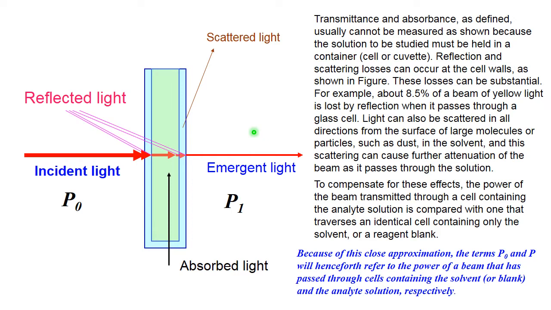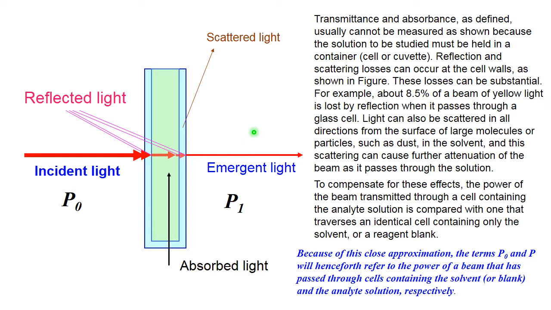For example, more than 8% of a beam of yellow light is lost by reflection when it passes through a glass cell. Light can be scattered from the surface of large molecules or particles of dust in the solvent, and this scattering causes further attenuation.